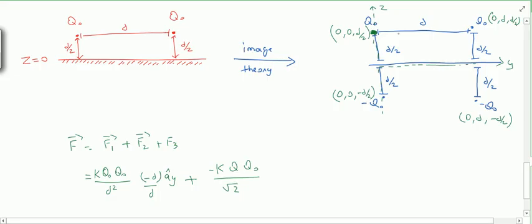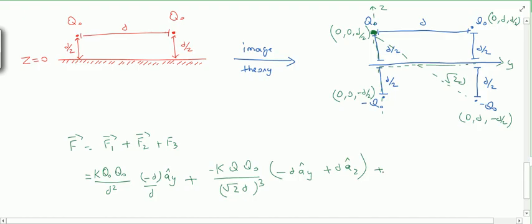Here this distance is d, this distance is d, so the distance from here to here will be root 2 d, right? So the cube, I can directly write here, and the r12 vector will be force location minus source location, so it will be minus d ay cap, minus d ay cap, and minus d az cap plus d az cap.